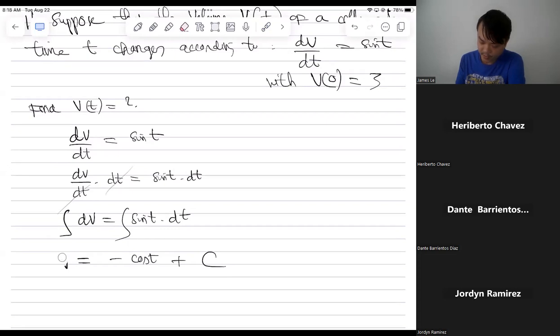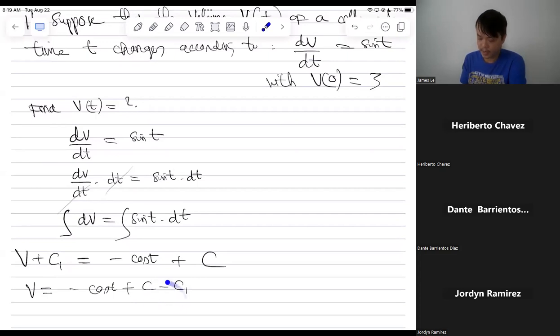Think about if you add c for both sides, like I add C1 here. I can subtract both sides by C1, so C minus C1 here is just another constant, and you can just replace it by the new constant.